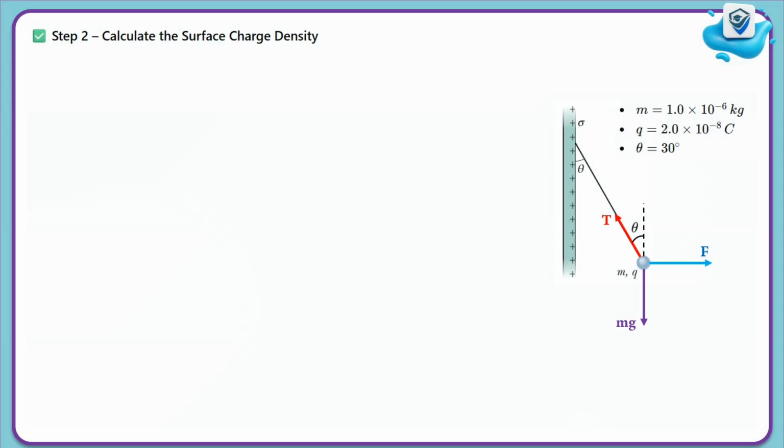Step 2. Calculate the surface charge density. Now substitute this expression for E into the equation E equals sigma divided by 2 epsilon 0.